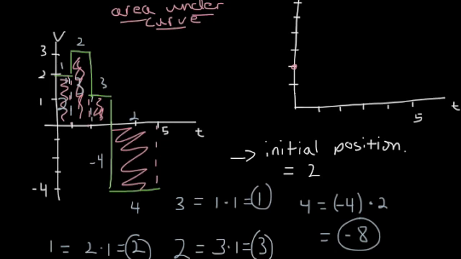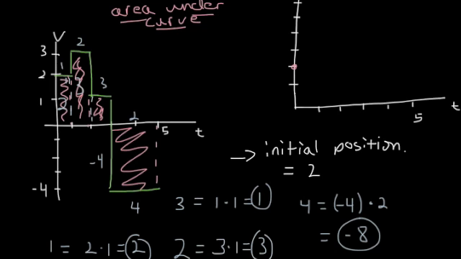Now, an easy way to figure out what our position graph looks like from our velocity graph is by looking at our individual displacements, so our 2, our 3, our 1, and our negative 8. These are the length of distance we moved from the last point.